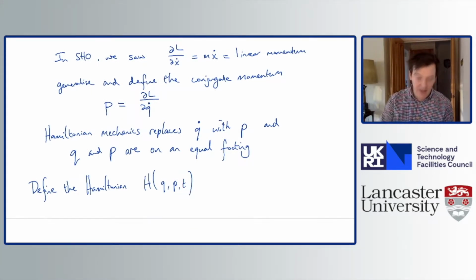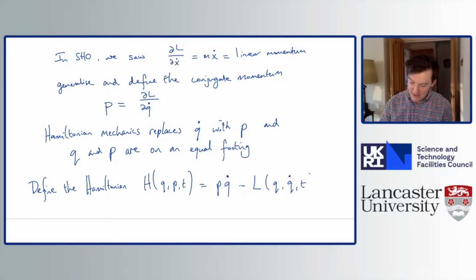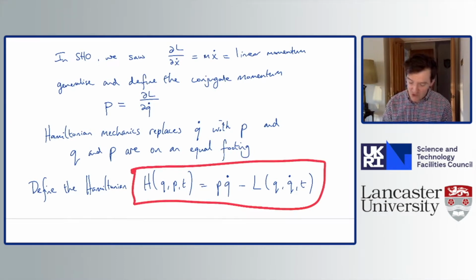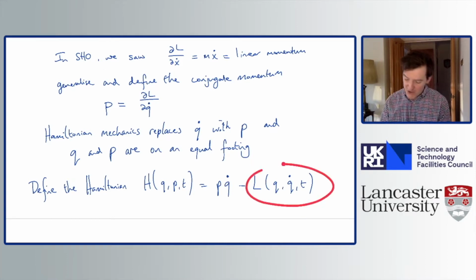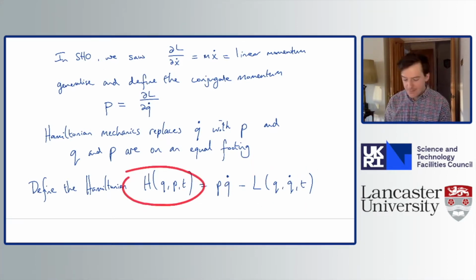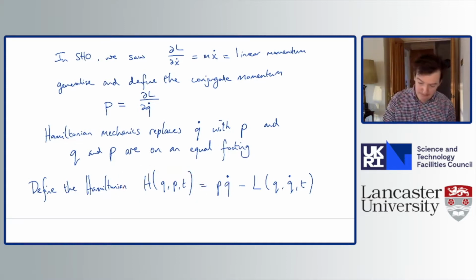We can always construct the Hamiltonian, this H, with the following operation: we take the product of P times q dot, and we subtract off the Lagrangian. The Lagrangian is a function of q dot, and q dot can depend on t, so let's put in the time as well. This is simply an example of the Legendre transformation, which allows me to go from a function with q and q dot to a function that depends on q and P.